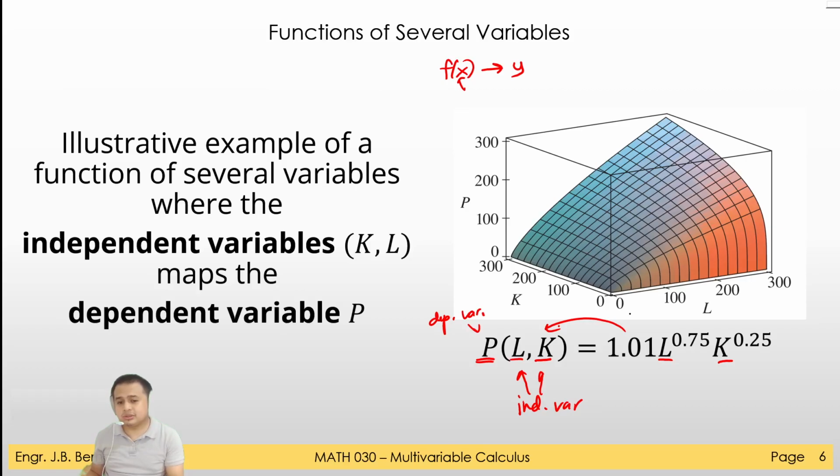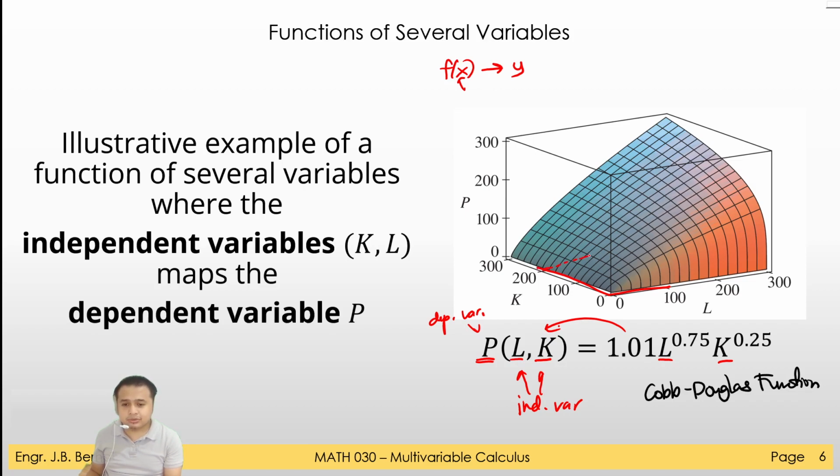This is actually called the Cobb-Douglas function. What does this mean? It basically maps the relationship between labor, capital, and the production. This is just an abstract representation of the Cobb-Douglas function, but let's say you have 100 units of labor and 200 units of capital.